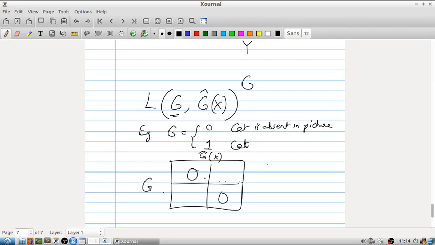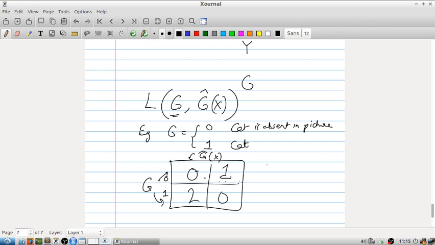And if G happens to be cat and G hat happens to be no cat, maybe I don't like that G hat produces no cat when there is a cat. Maybe I'll give a loss value of 2 units, some number. And when there is no cat and G hat says it's a cat, I'm fine, because maybe I can infer that, do some post processing or something. Or maybe all I'm saying is I can have a different value there. I can have a 1 instead of a 2.